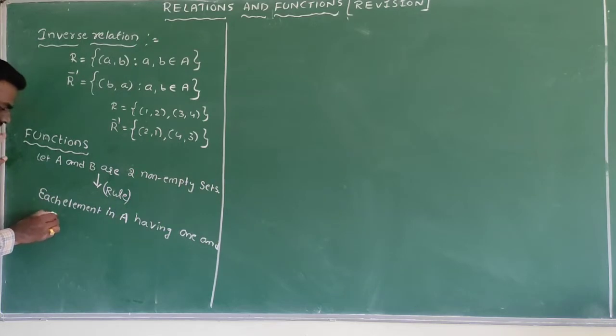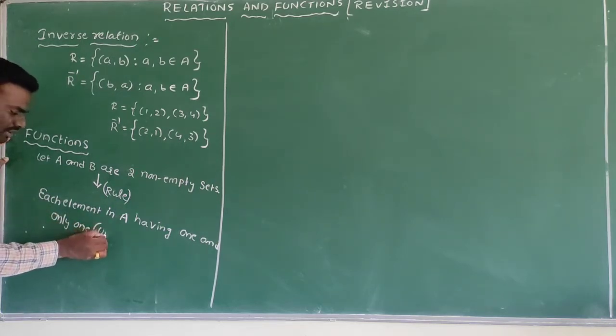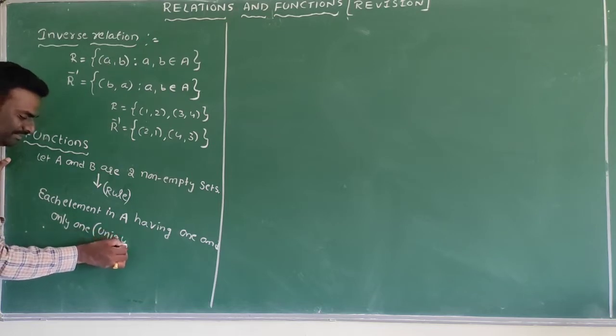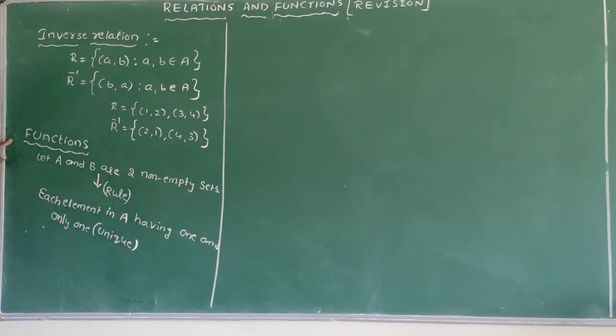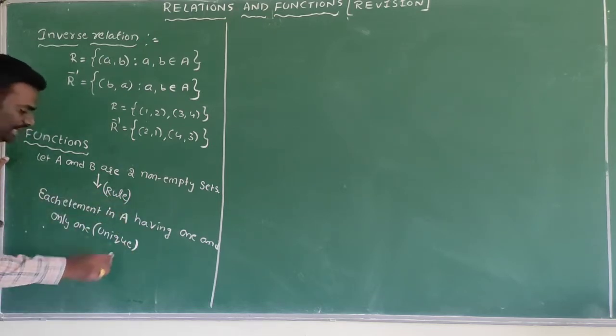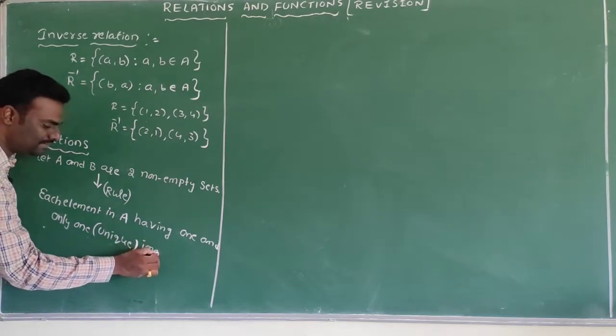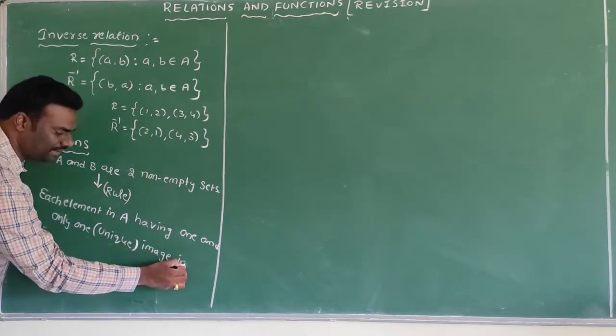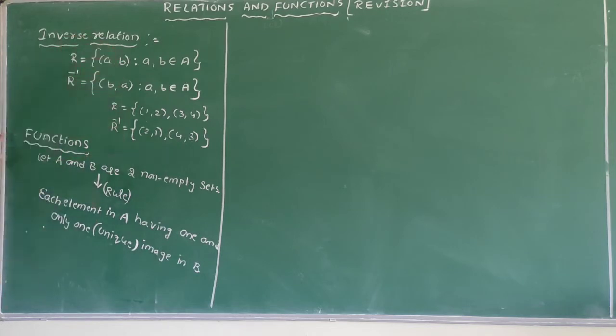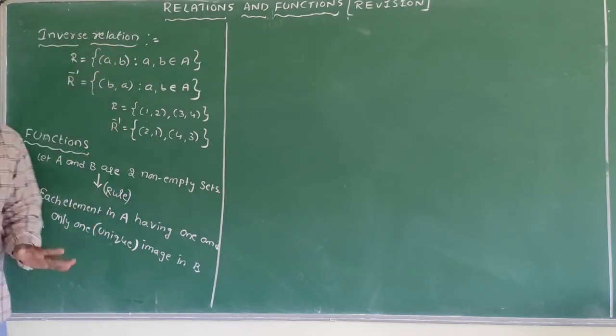One and only one, that is also called as unique. Each element in set A having one and only one image in set B, then it is called a function.